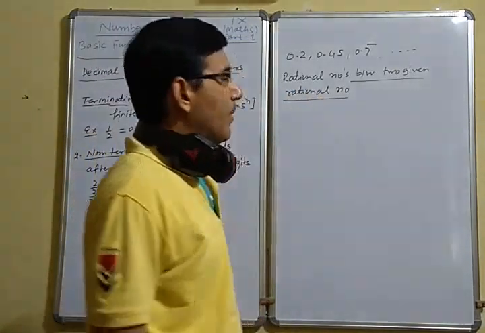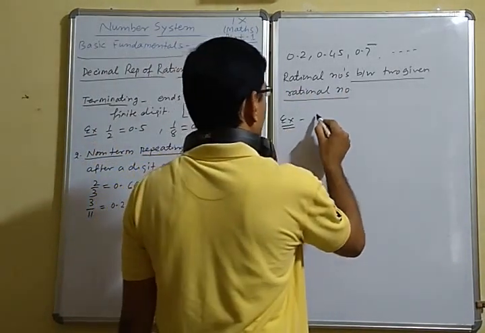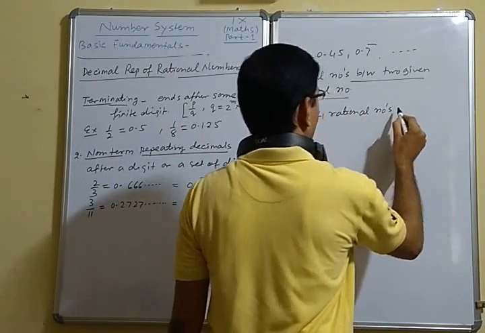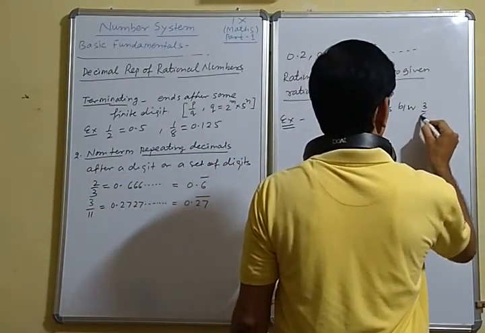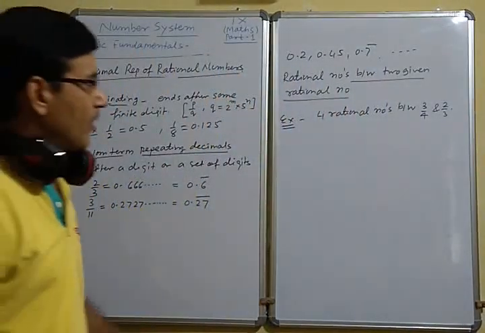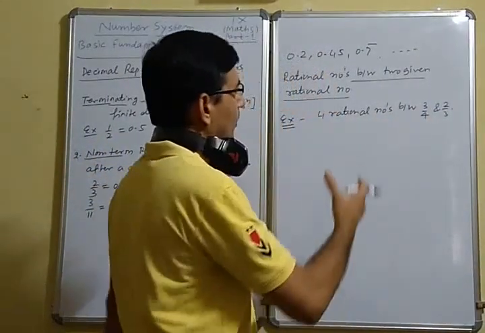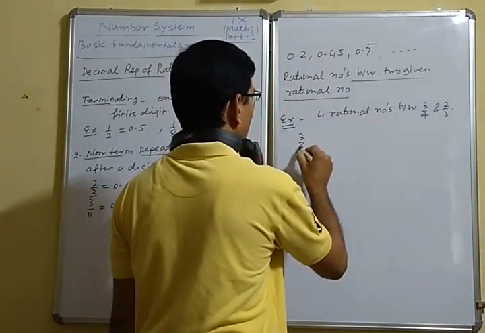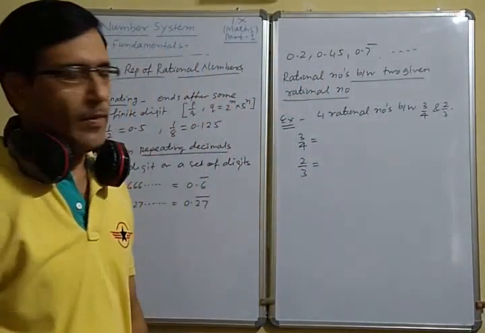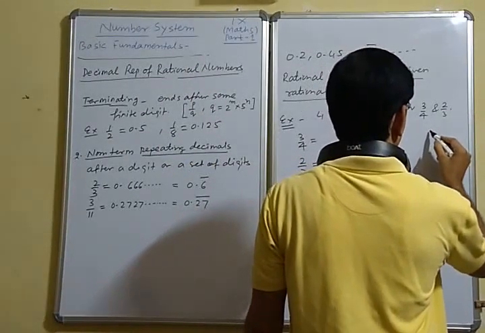For example, suppose you have to insert 4 rational numbers between 3 by 4 and 2 by 3. So we write 3 by 4 and the next one is 2 by 3. Now convert it into equal denominator. Their LCM is 12.